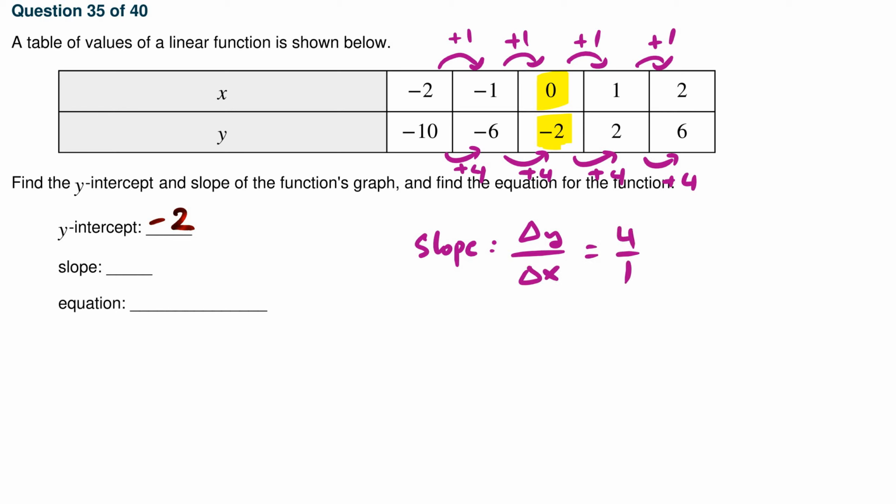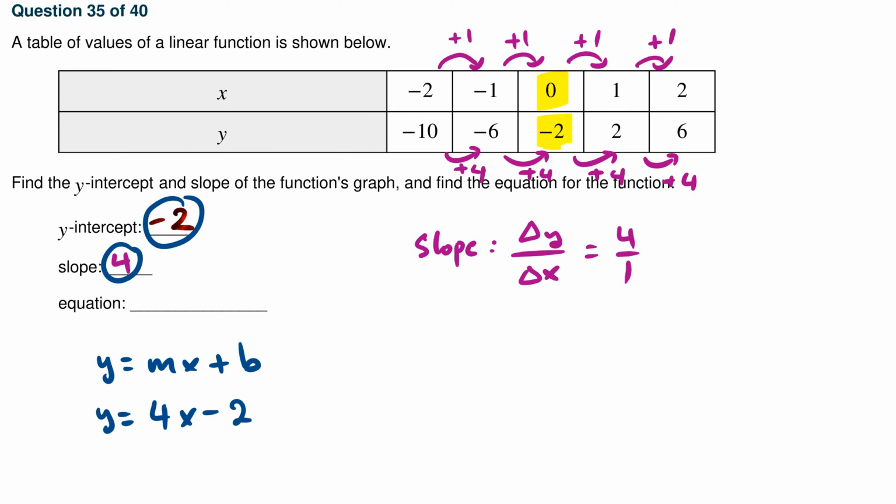Because y is the second row, and x is the first row. So 4 over 1. So slope is 4. The equation is y equal to mx plus b. So y equal to 4x. B is negative 2. So y equal to 4x minus 2.